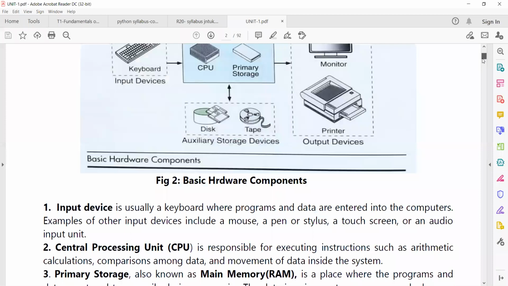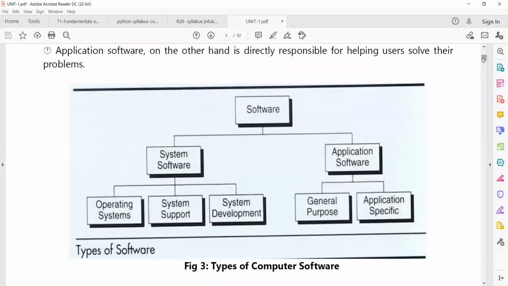What is meant by system software? The best example is operating systems. For example, Windows is an operating system, Linux is one of the operating systems, and Mac operating system.